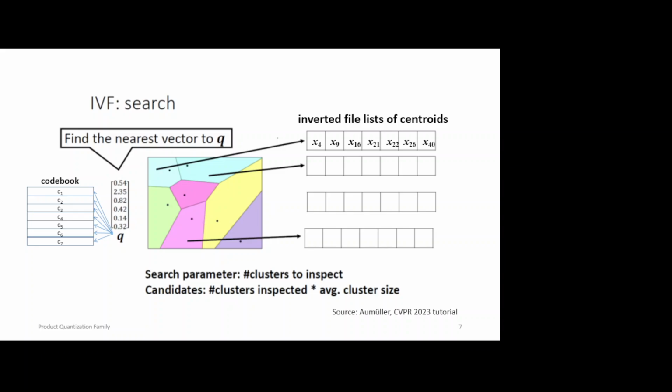Okay, any problem? During the search process, you can use the IVF structure to accelerate the search. You don't need to search all the data stored in the file structure. You just need to find which cluster, which centroid is closest to Q, and we only search the file list associated with the closest cluster.